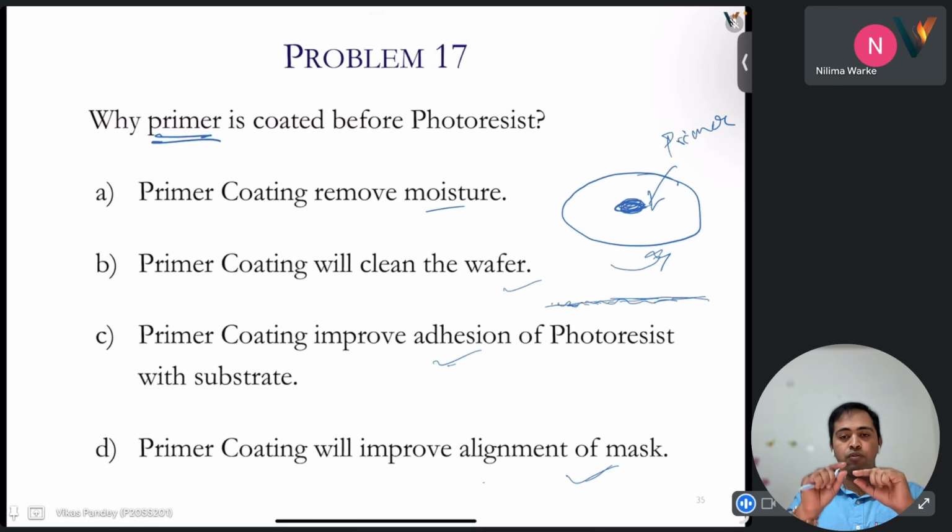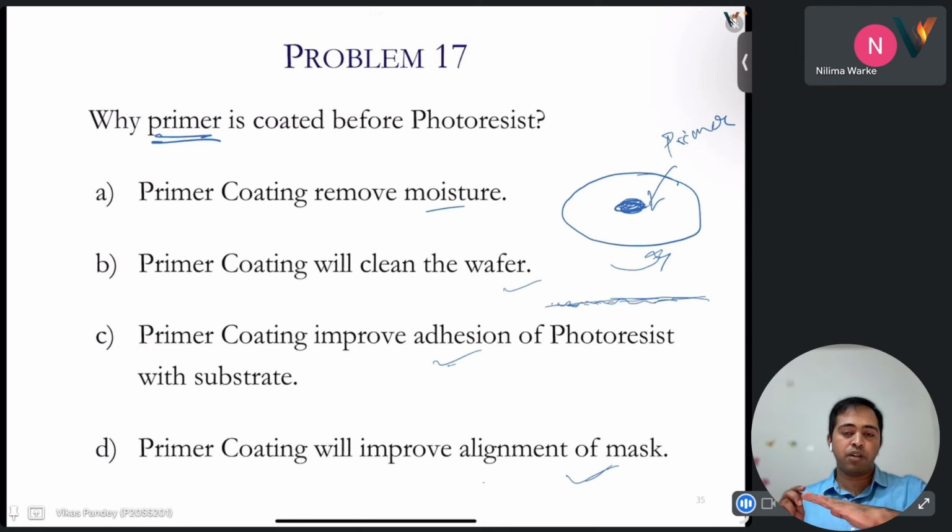If we go for a thinner layer and we are not using the primer, what may happen is that it will chip out. You must have seen that on a dry surface, if you put paint and it is very thin, it will chip out. If it is very thick, it will also chip out. It is a paint kind of structure.